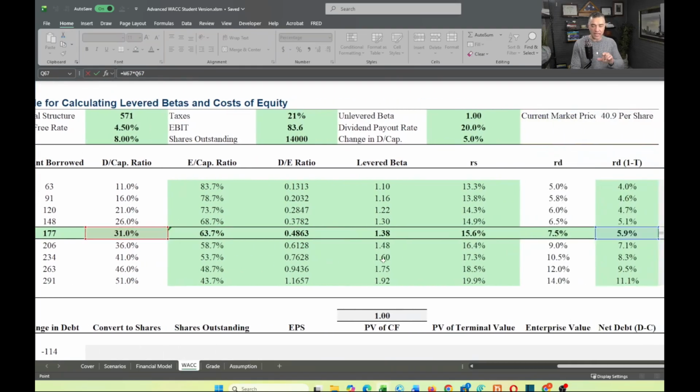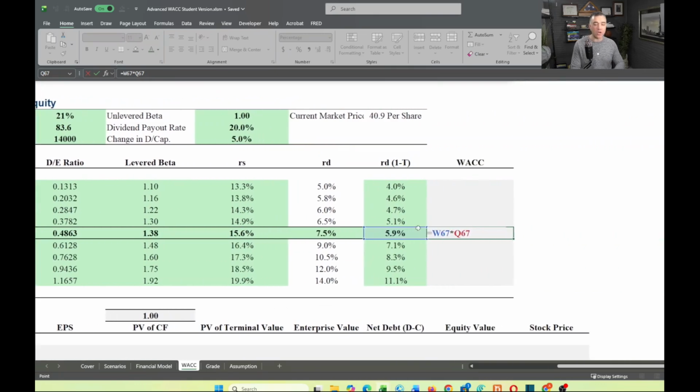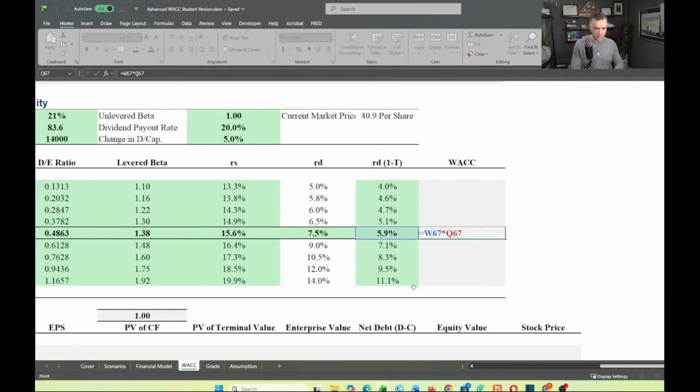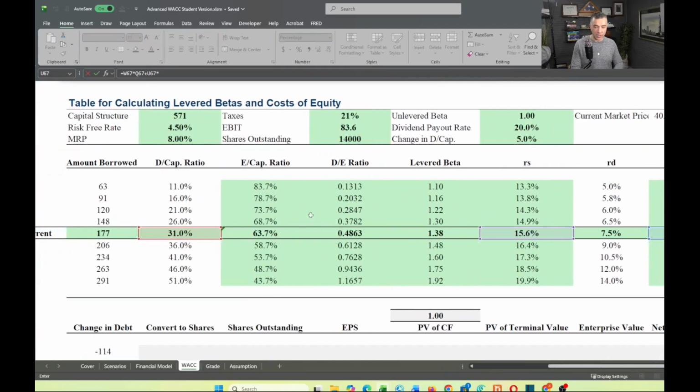So we have the weight of debt, 31%, times the cost of debt. And the cost will change based on the debt to capital ratio. Then I'm going to say plus. Now we'll do the cost of equity. That's the cost of equity, and we're going to multiply that times the weight of equity, which is right here.